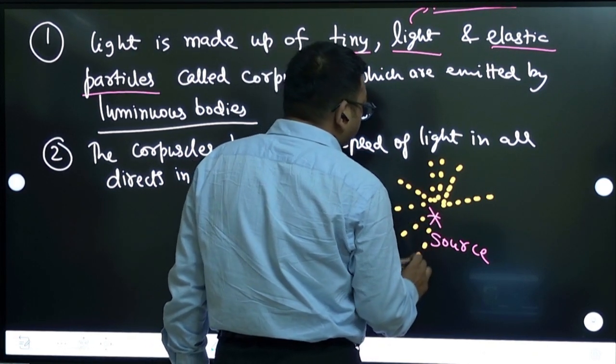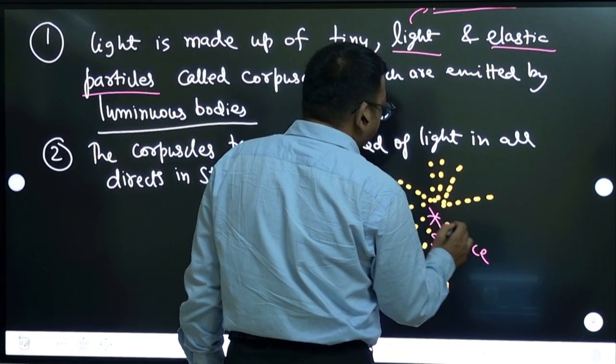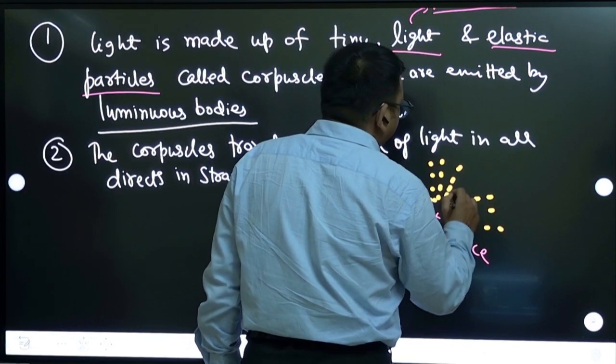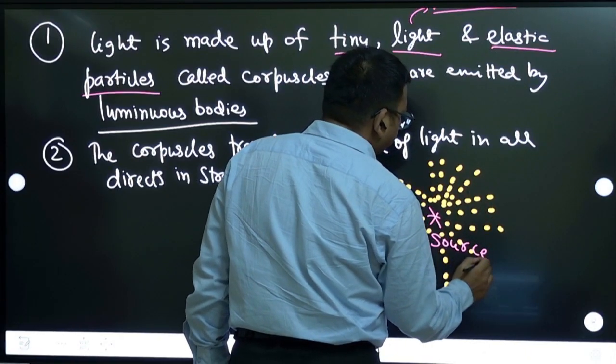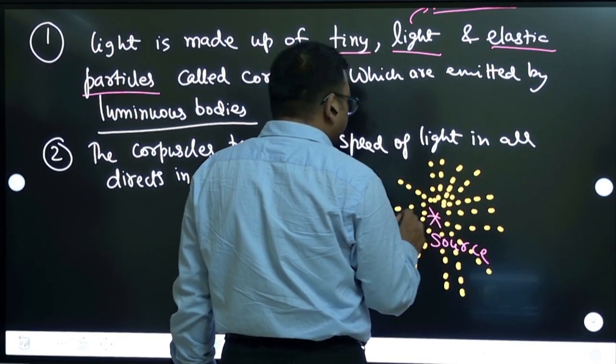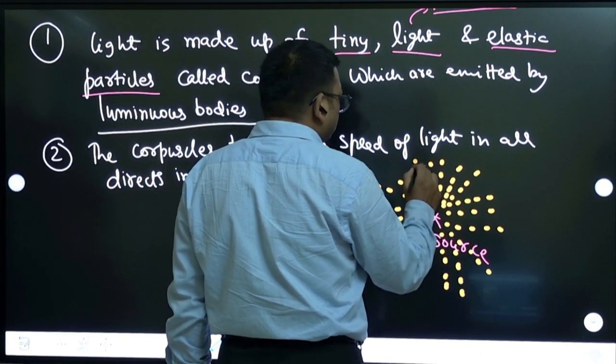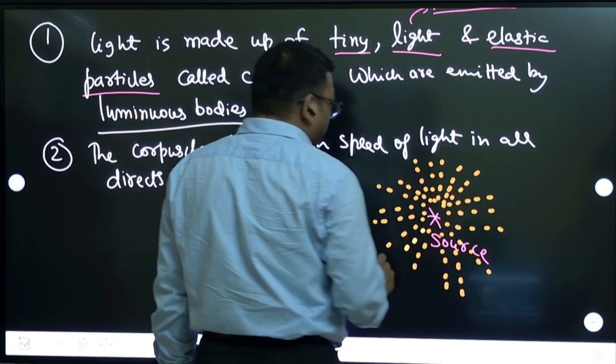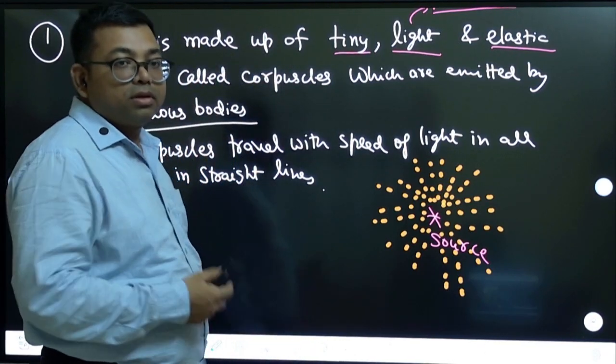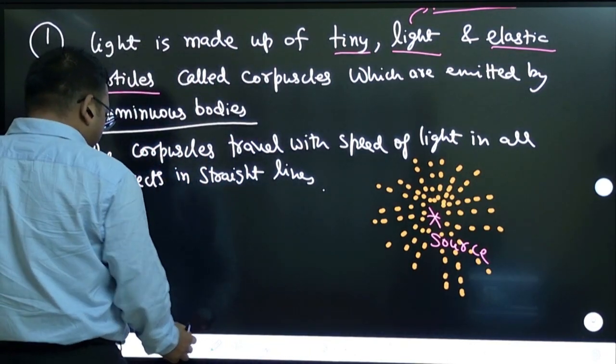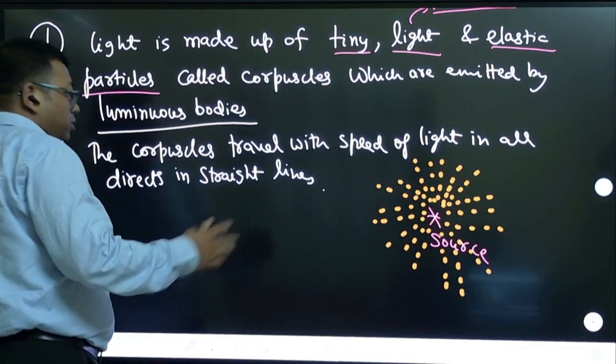These are small particles of light, which are called corpuscles. That is Newton's idea. It's a theory, which means we cannot see them, but we can try to make some imaginations.